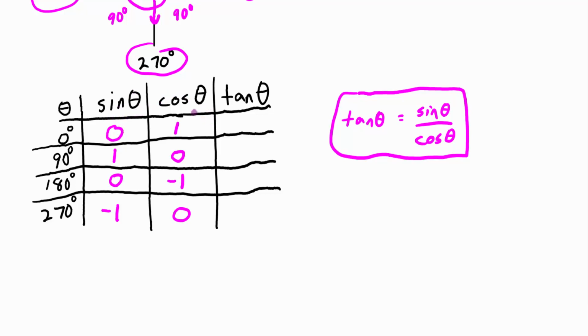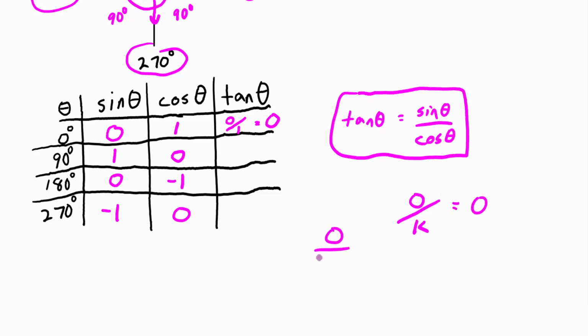So what's the tangent of 0 have to be? Just create the ratio. What's the sine of 0? The sine of 0 is 0. What's the cosine of 0? It's 1. What's 0 divided by 1? 0 divided by any constant k is okay. It's okay to do that division, and it's equal to 0.